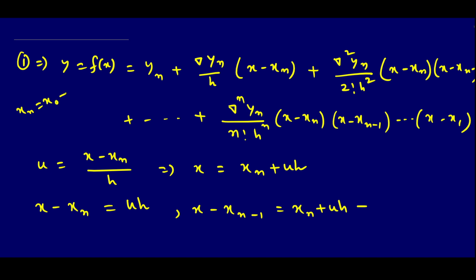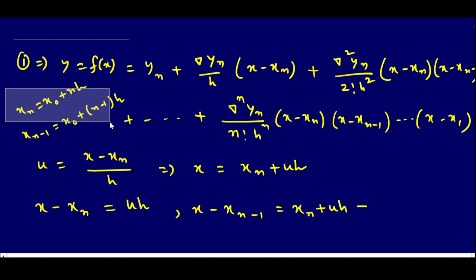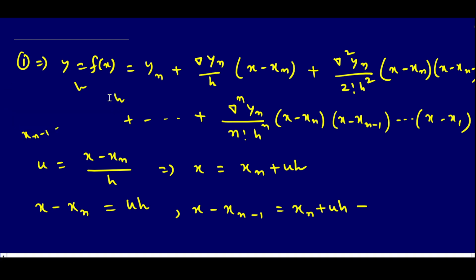Xn is x naught plus nh. So what is xn minus 1? So this will be your x naught plus n minus 1 into h. So what will write? You can write xn minus 1. Let us write like this. Don't take it in terms of x naught because all the terms are in terms of what?